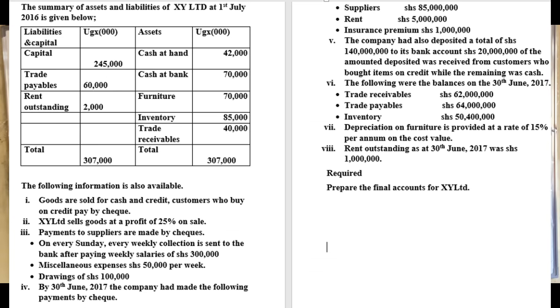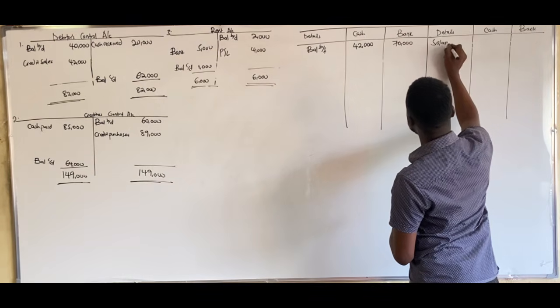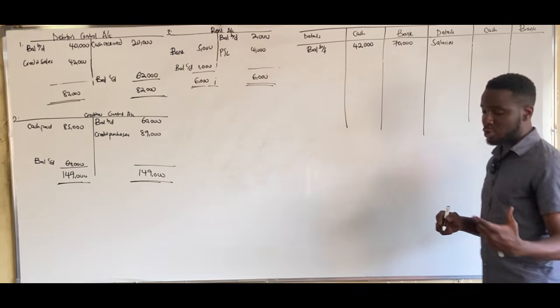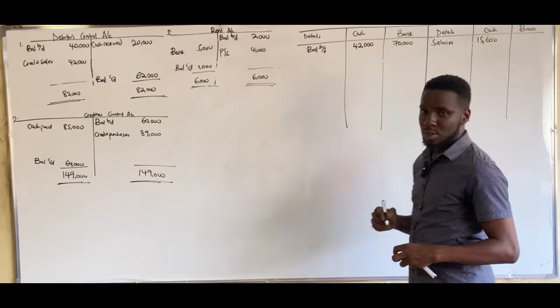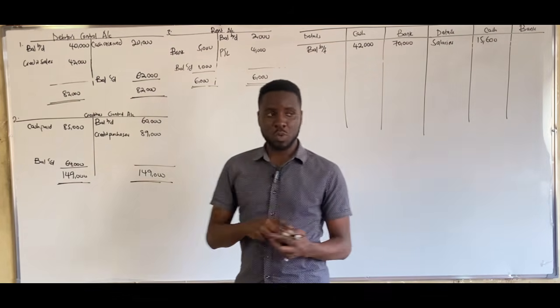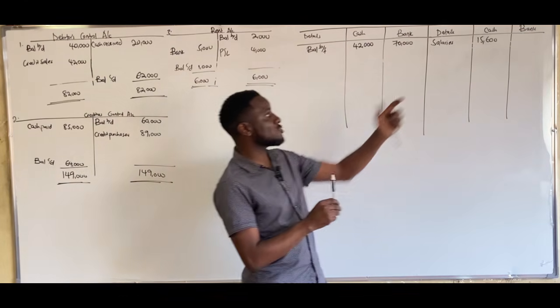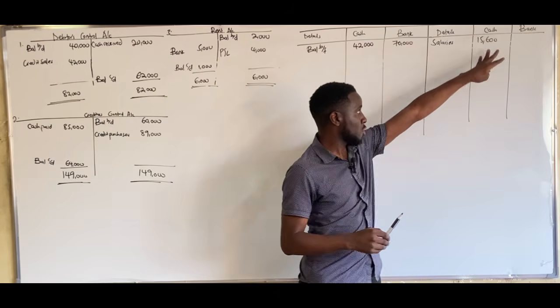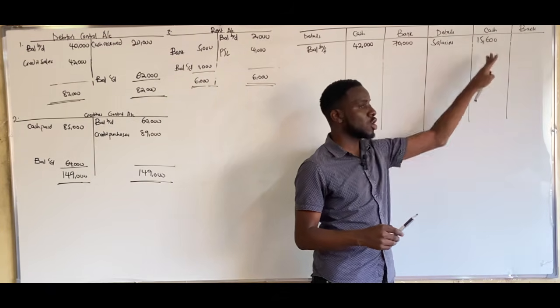So meaning that for us to get how much was paid out of salaries, we are going to get 300 times the 52, and we are going to get 15,600. So we multiply. So make sure, because it's a weekly transaction. And then, since the instruction was out of cash, that means we paid this money out of cash. So it is under the cash column.